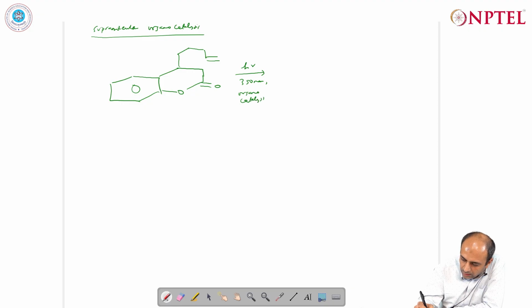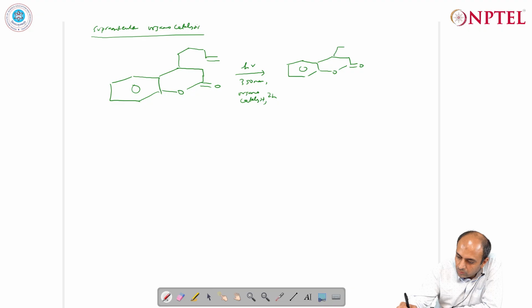organocatalyst. I'll tell you the structure of the organocatalyst. For a period of 2 hours, it can give rise to this particular enantiomer, and then the mirror image of this particular enantiomer.